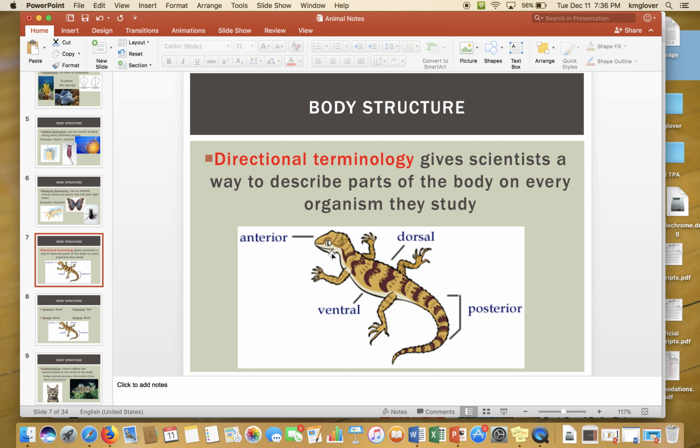We call your head the anterior, we call your tail the posterior, we call your back your dorsal side, and we call your stomach the ventral side. Okay, so make sure that you get all four of these written down on your sheet, and then we'll go to the next slide and you can also copy that.